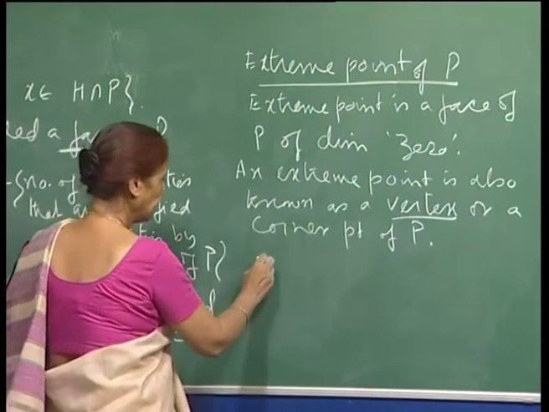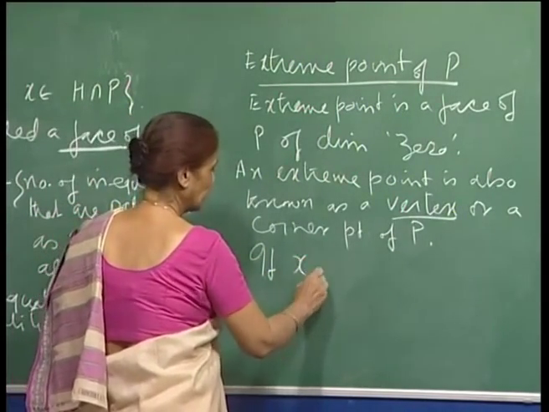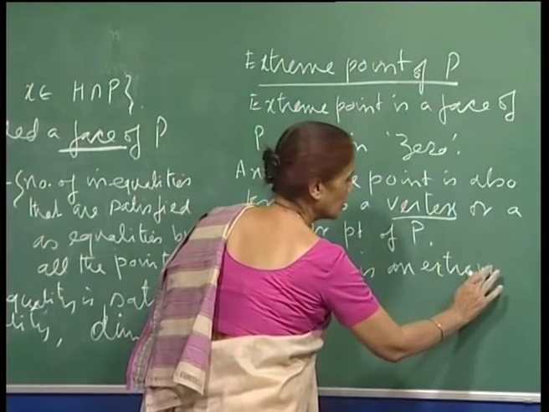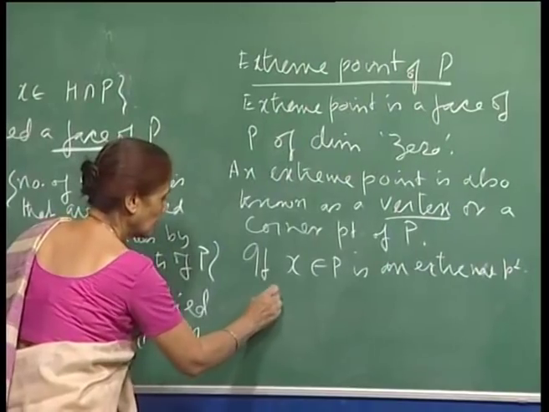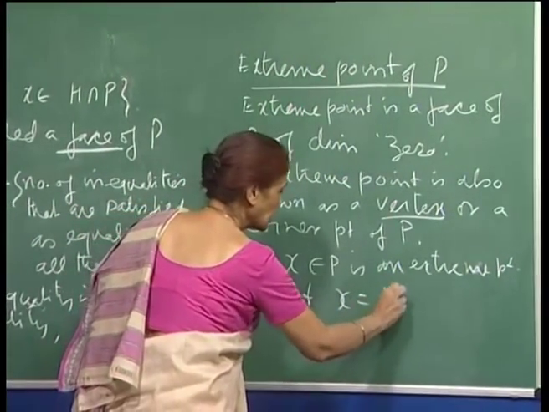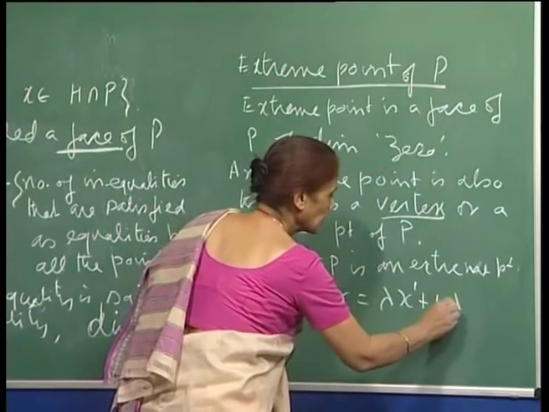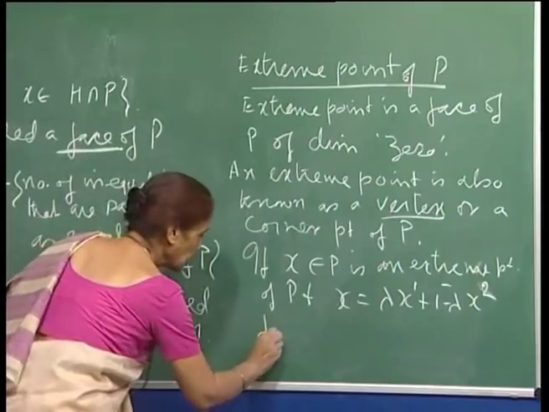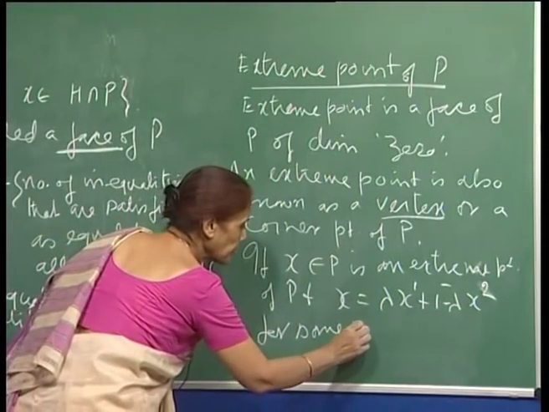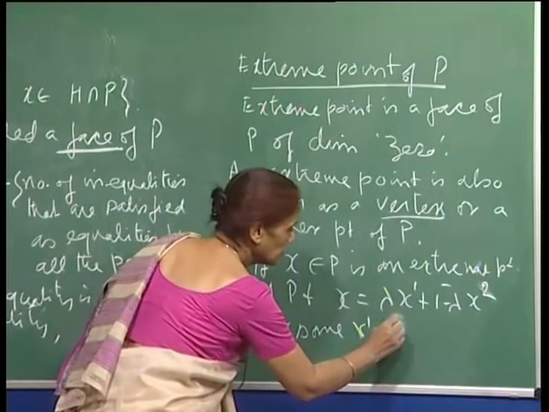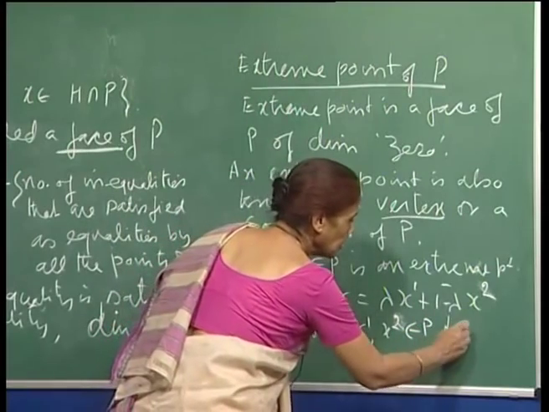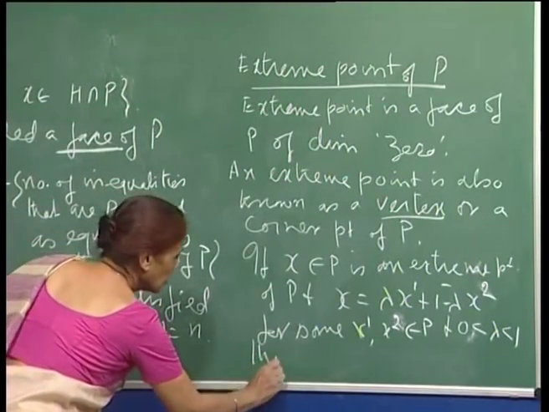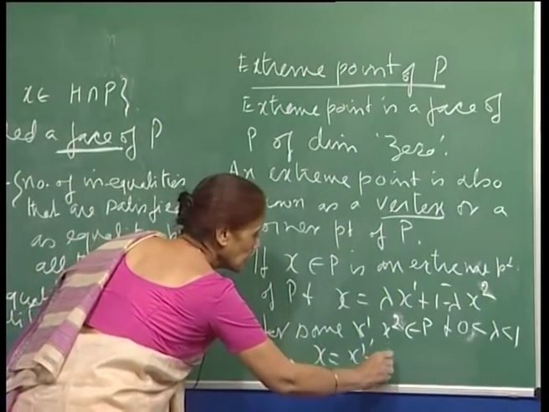That is, x belonging to P is an extreme point of P if, whenever x can be written as lambda x1 plus (1 minus lambda) x2 for some x1, x2 belonging to P and 0 less than lambda less than 1, then x is equal to x1 is equal to x2.